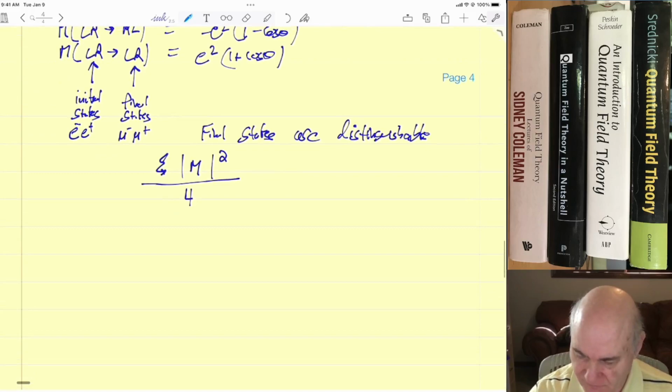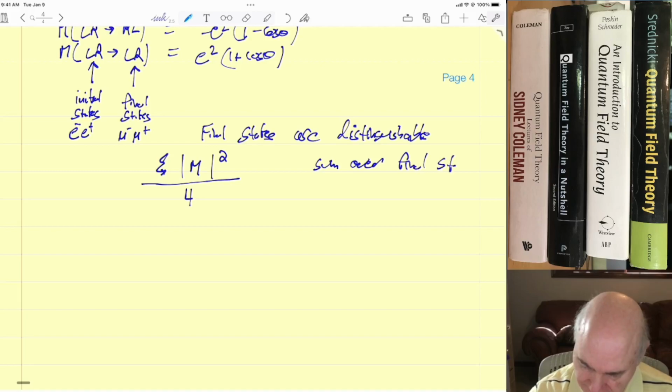So this is a general rule in quantum field theory. For computing cross sections, we sum over final states the m squared, and average over initial states.